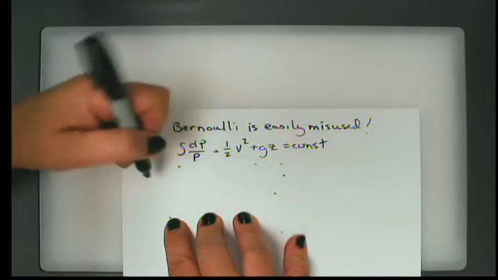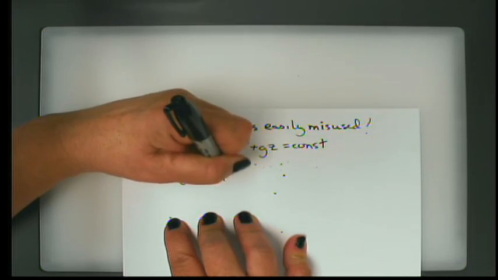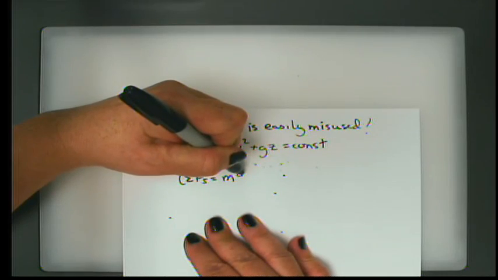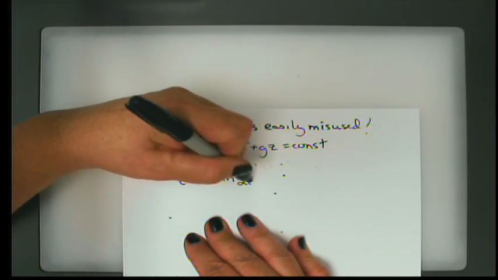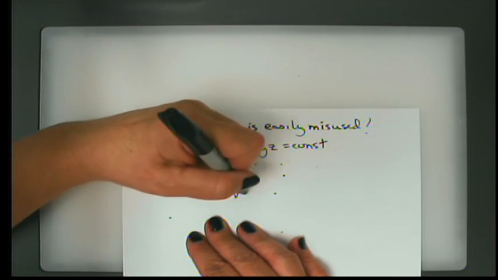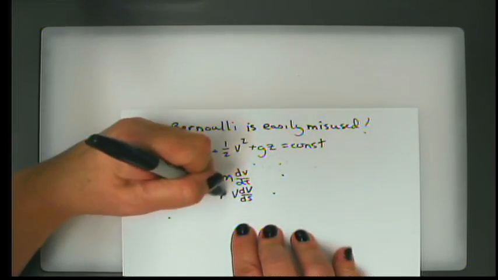We actually started with the summation of forces along a streamline is equal to mass times the acceleration, or the dV/dt, or the V, this is ds/dt, dV/ds, right?